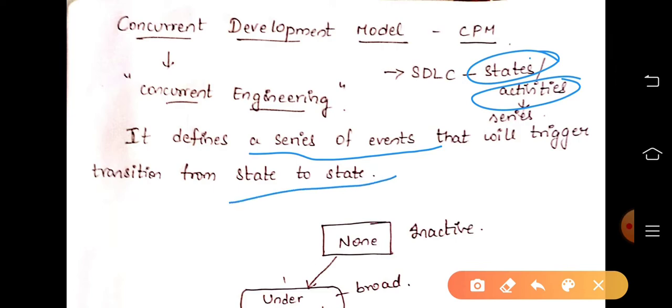This model is used to represent the activities in the software development life cycle as states: communication, requirement analysis, designing, and testing. Actually, we have four phases: analysis, coding, testing and maintenance. And these activities are triggered from state to state in the concurrent development model.